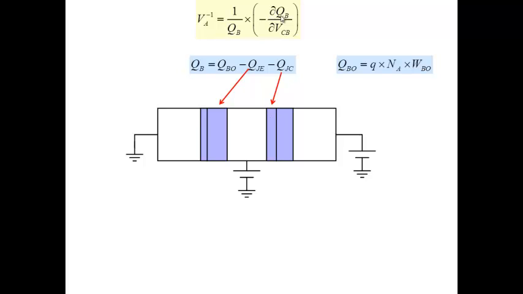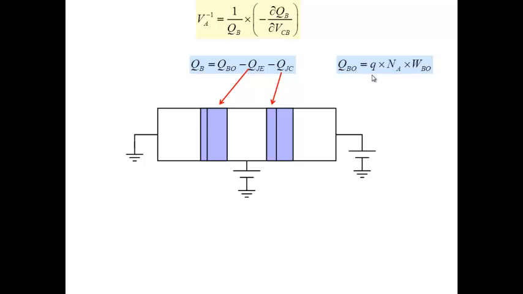So note that QB is nothing but the total charge in the neutral region, total Q times NA times WB. We are talking about this point here. So this charge is equal to total from here to here, minus the depletion charge here and minus the depletion charge. Right? So we can write QB in terms of this.